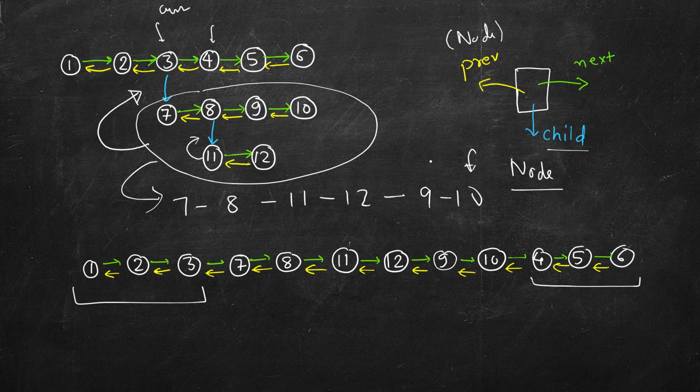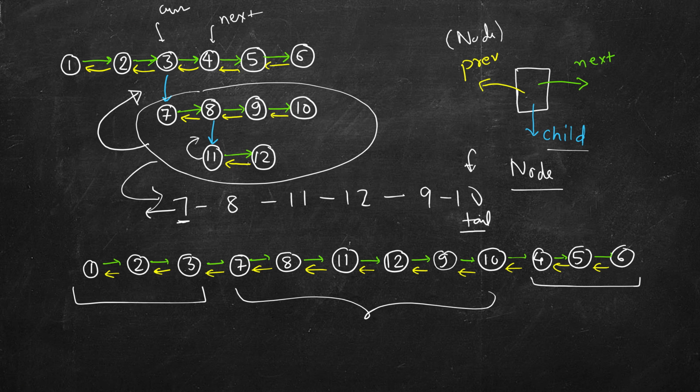It knows what was its child node, it's 7. So it will make its next as 7, previous of 7 as this current node, and this is the tail. So next of tail as this next, and previous of next as this tail. That way this entire thing will be inserted here.